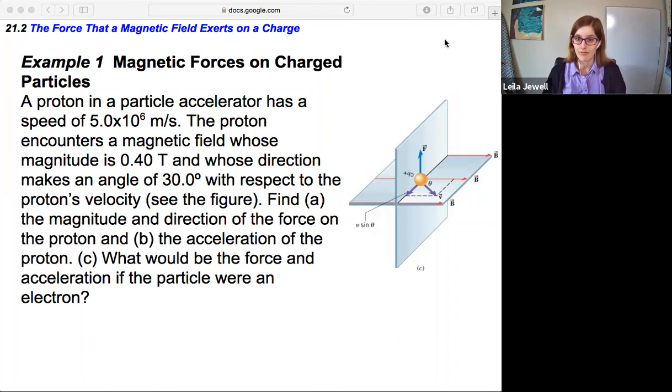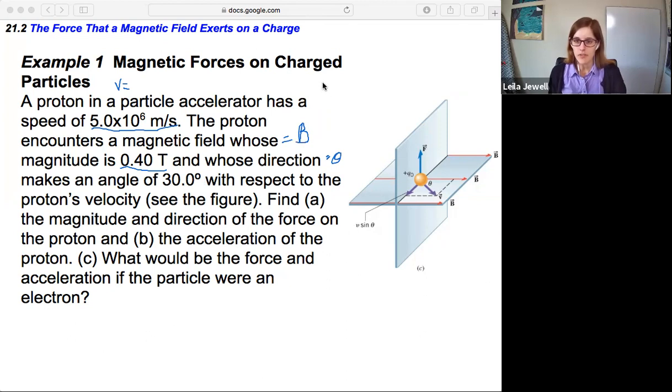All right, so as we look at this, what are some of the pieces of information given to us? We have this speed. Remember the symbol for speed is V. Great. We also have this 0.40 Tesla. That's going to be what? Our magnetic field. And then we also have the angle of 30 degrees, which will be our theta. Is there anything else that we know here?